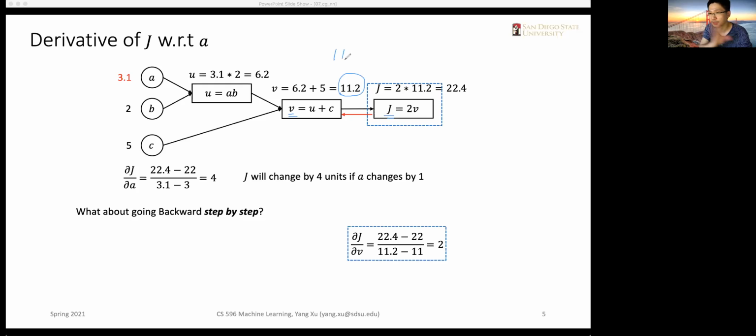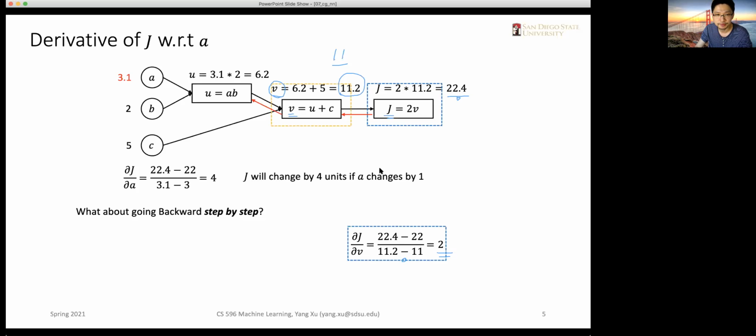11. Remember on the previous slide, the old value for V is 11. And so the derivative of J with respect to V is the change of J over the change of V, which is 2, right? And let's go one more step further back.